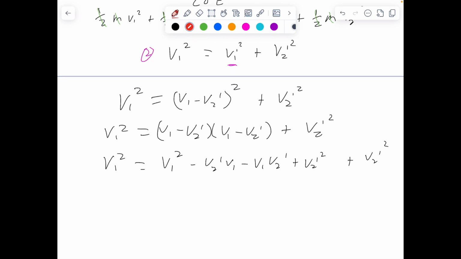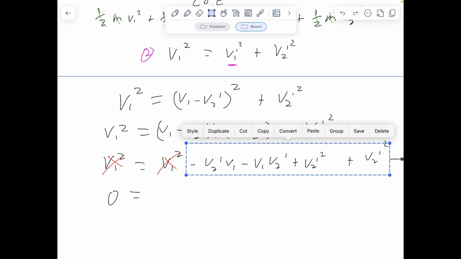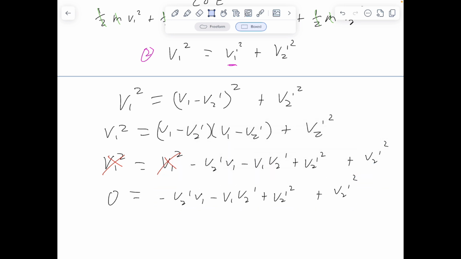Notice that I have this V1 squared and this V1 squared, so I can subtract V1 squared over to the left or over to the right, it doesn't make any difference. These two go away. Also notice negative V2 prime V1 and negative V1 V2 prime. These two things are the same thing, by the commutative property.